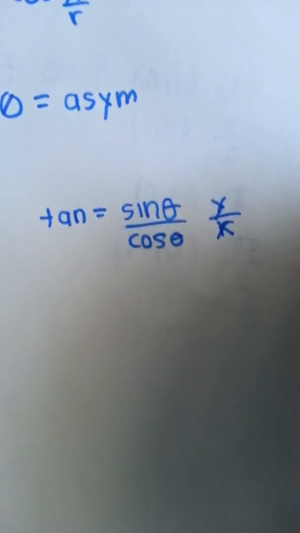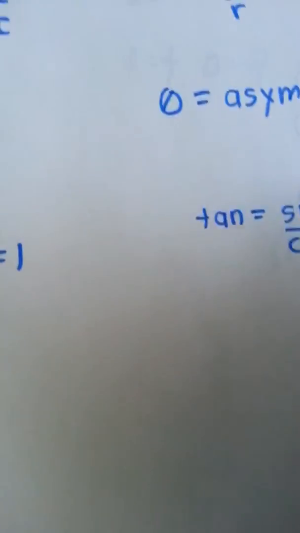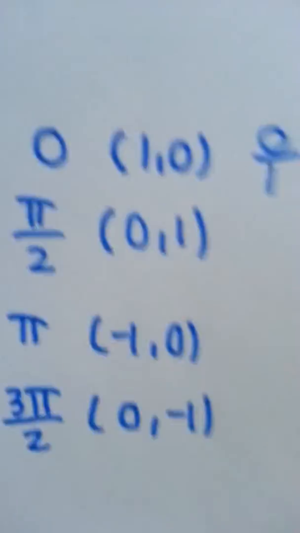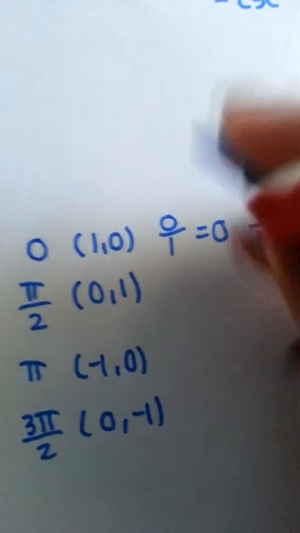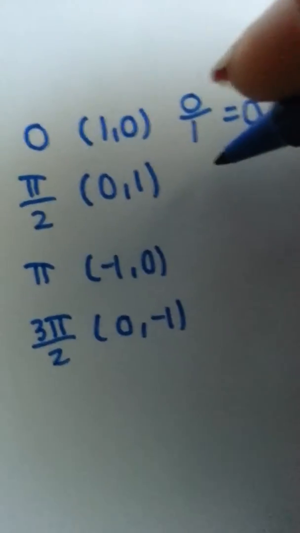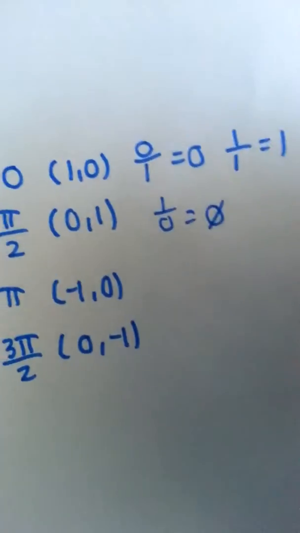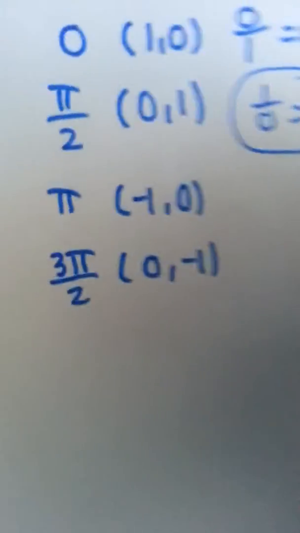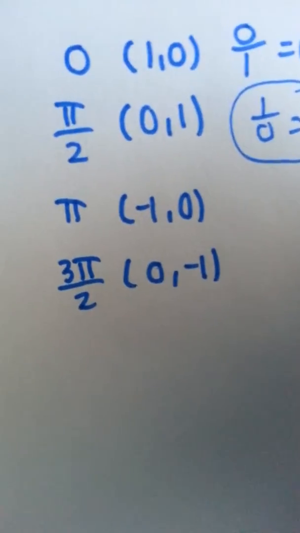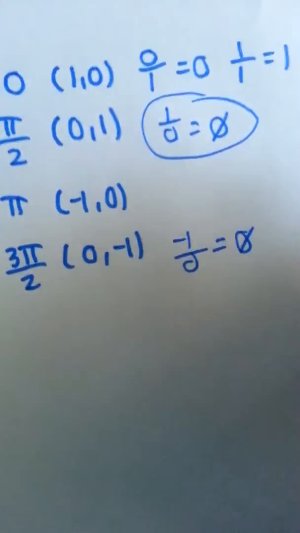And if we look at any of these ordered pairs, wherever cosine is equal to 0, that will be undefined. For example, let's try 90 degrees. So we have sine over cosine, which is 1 over 0, and that is undefined, meaning that here we have an asymptote. The same thing happens at 3 pi over 2, which is the same as saying negative 1 over 0, which gives us undefined.